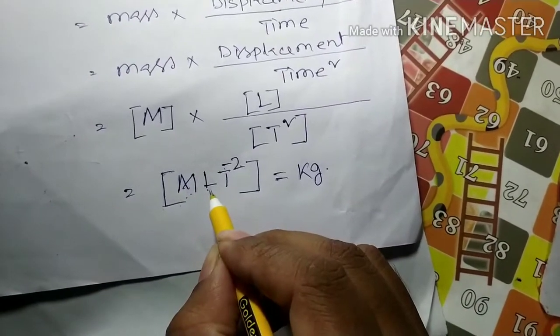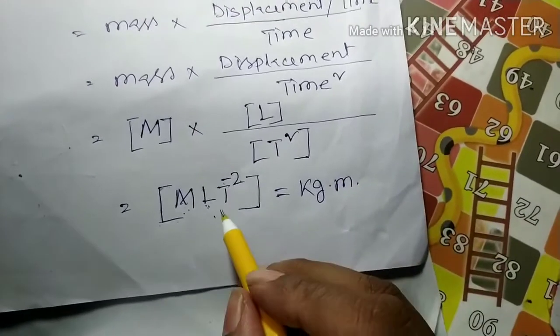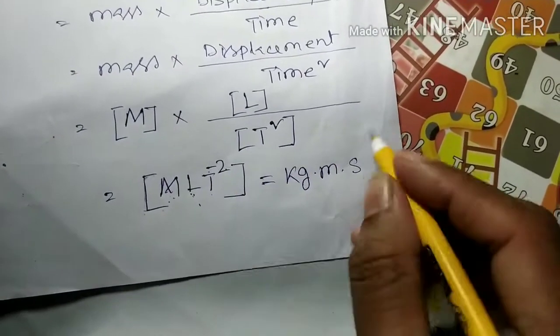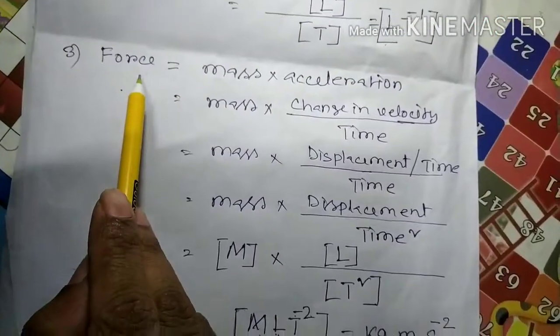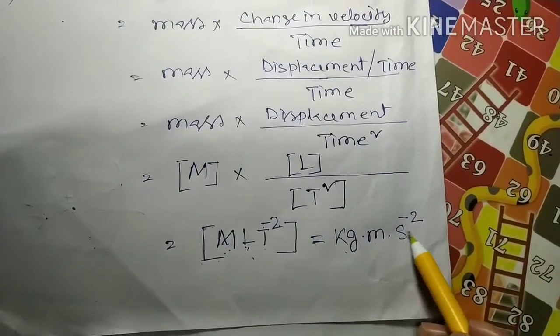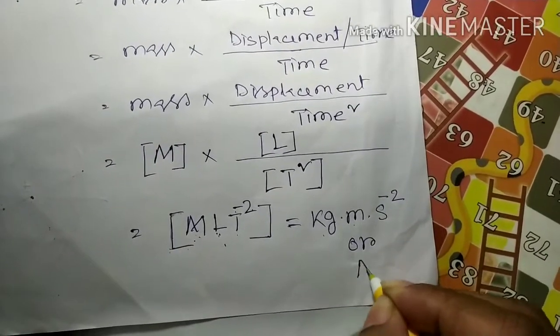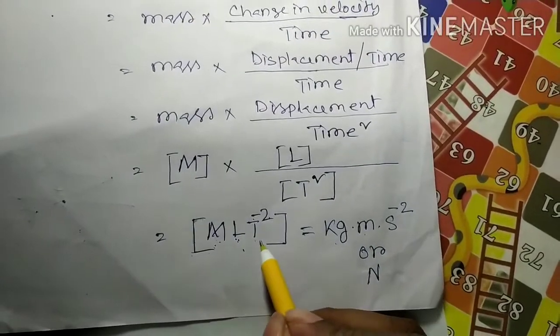L, that one is length, so its SI unit is meter. Time, its unit is second. So there is minus 2. So force, its unit is kg meter per second square or Newton. Okay, and its dimension is M L T minus 2.